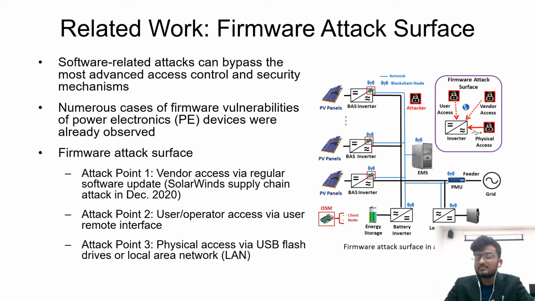We consider that attack point one, the vendor access via a regular software update. There is also attack point two, which is user or operator access via the remote interface. And attack point three, which is physical access via USB or flash drives or the local area network. You can see the setup on the right side.